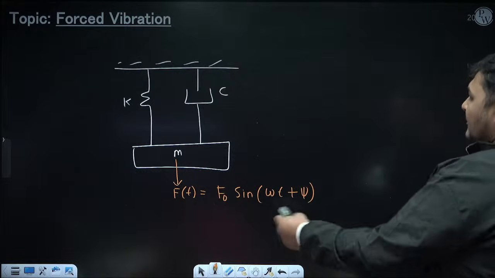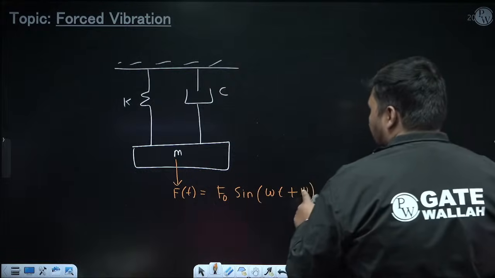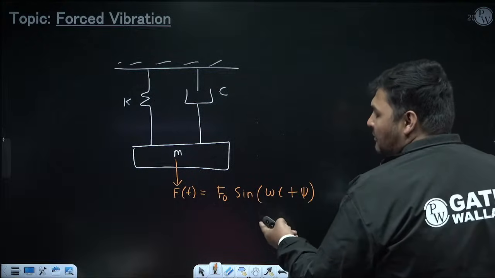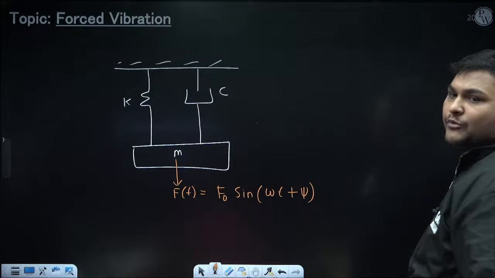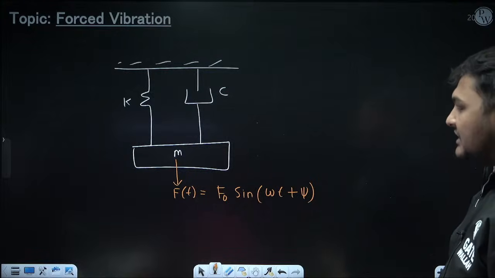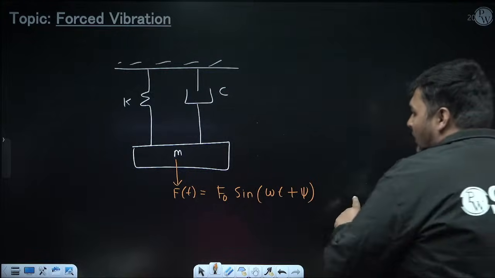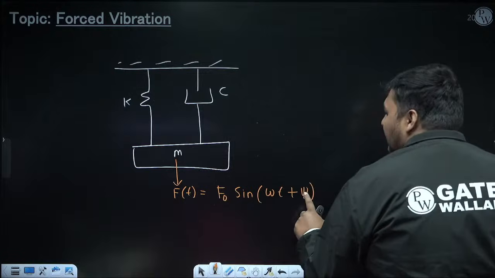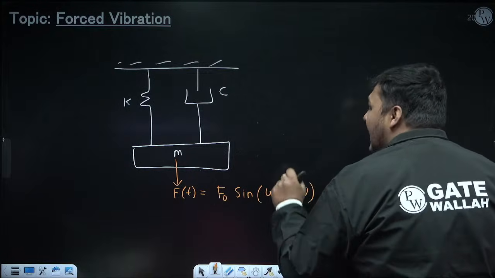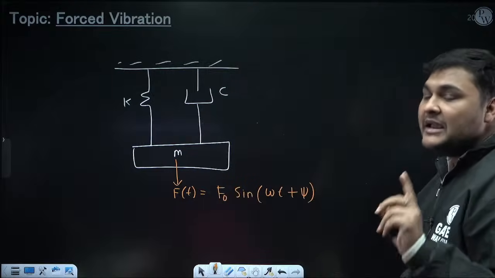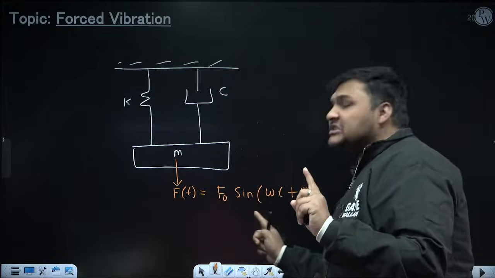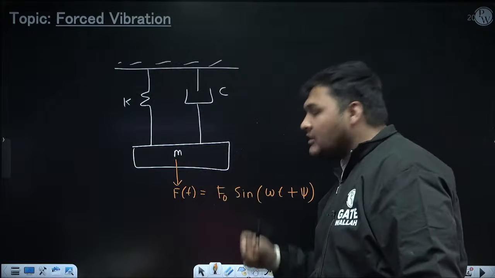I am taking the form of sine; even if it is in the form of cos, you can convert it to sine, so both cases are the same. If you focus only on this external time dependent force and I ask what is the amplitude of this force, I am not talking about the amplitude of vibration, I am talking about the amplitude of this external force. It is F naught.